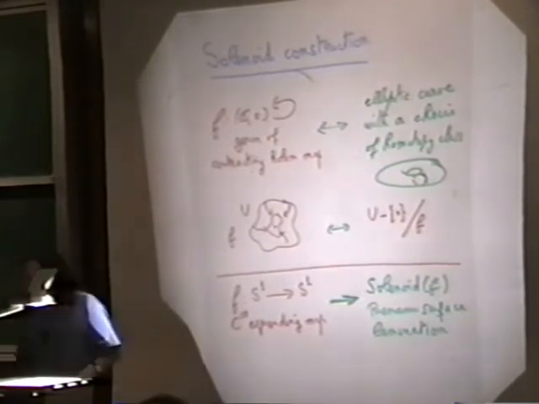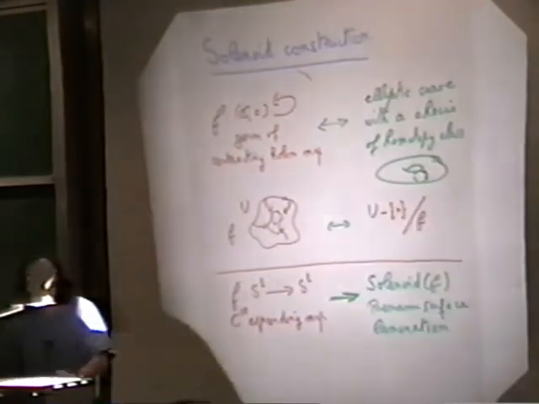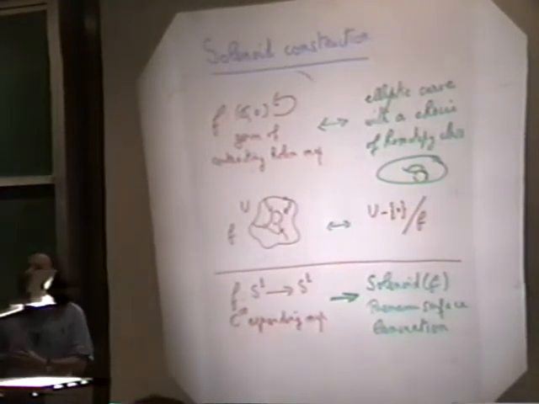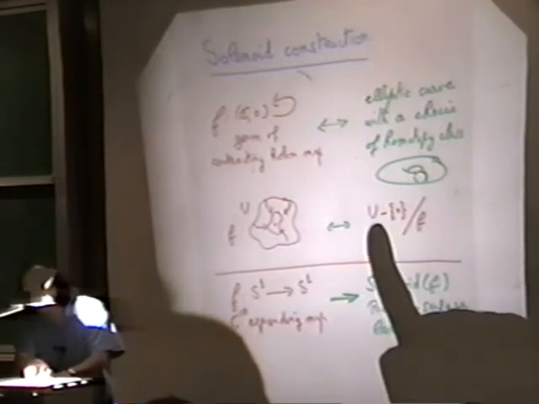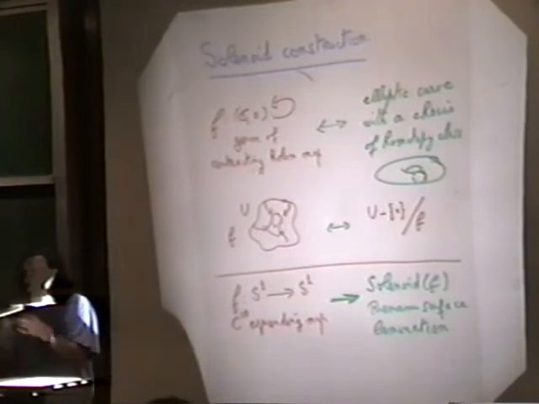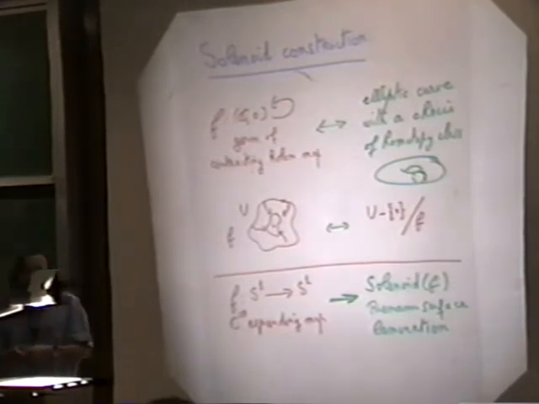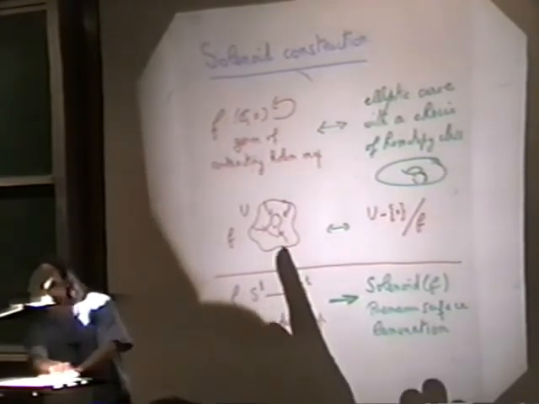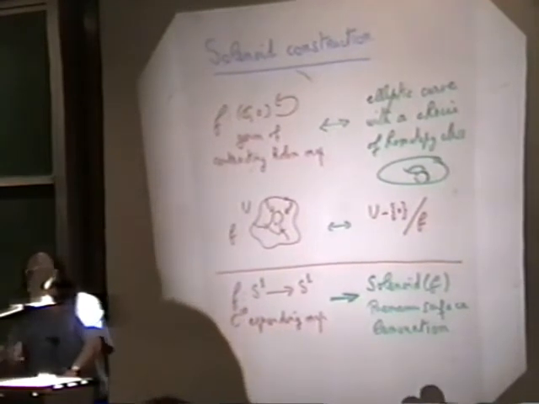Then what you do is take a small domain U in which the germ is defined, take its image, and take the quotient of this domain U minus the origin by the dynamical system F. In this way, you construct a Riemann surface which is holomorphically an elliptic curve. It's a torus with a complex structure. So there is a way of going from germs of contracting holomorphic maps to elliptic curves.